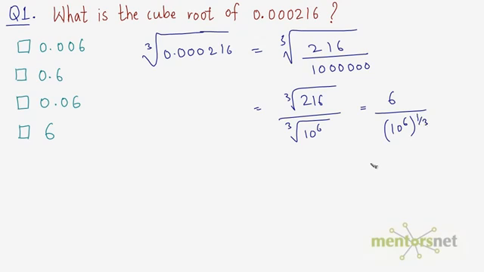And by the laws of indices, this is 10 raised to power 6 by 3. That equals 6 divided by 10 raised to power 2, which is 6 divided by 100, which is 0.06. So the answer is 0.06.